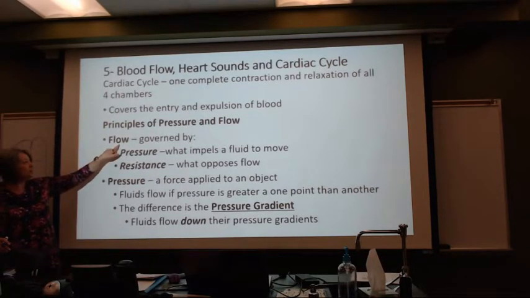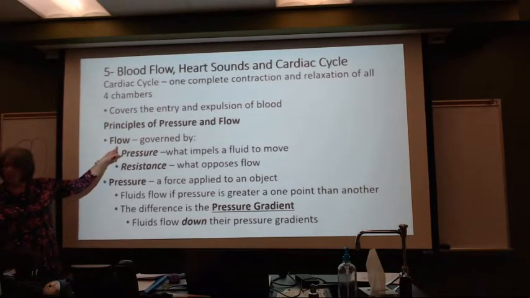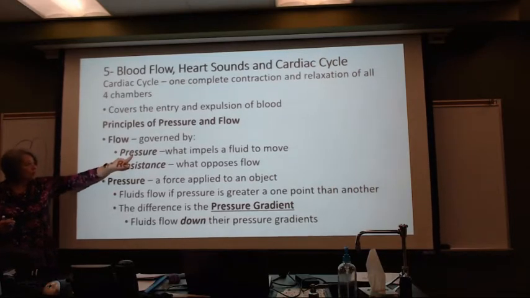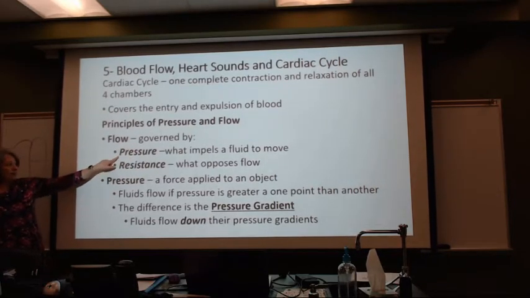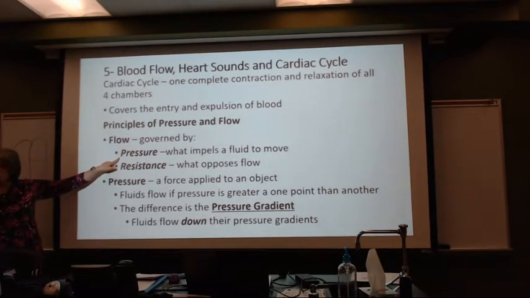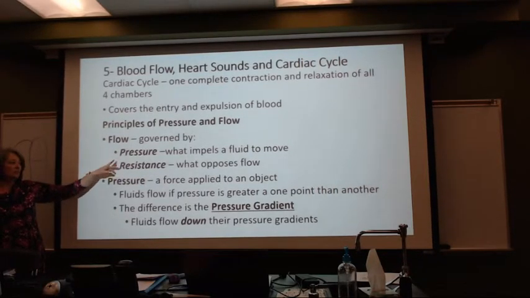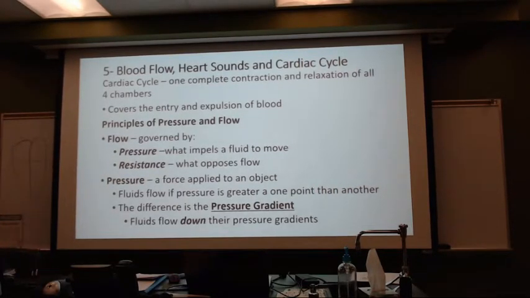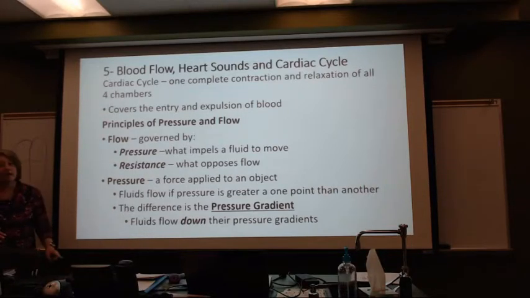So when we talk about flow, the movement of that blood, it's governed by our pressure, and then what we're going to term resistance, and in this case, meaning anything that's opposing the flow of the blood.